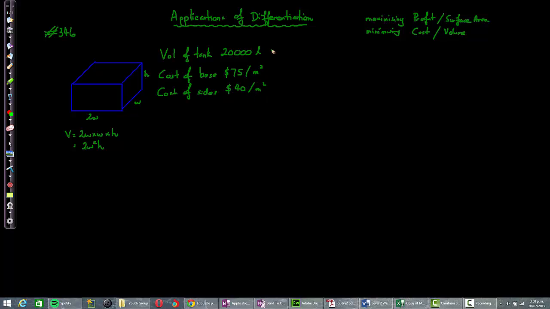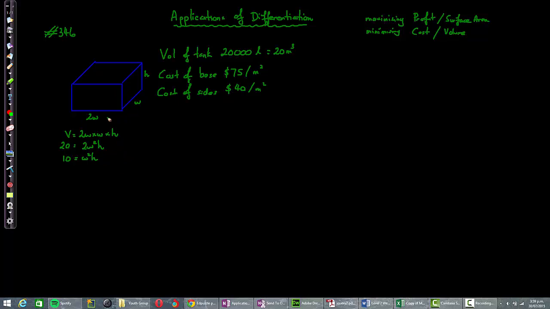So what we are also told, and if we weren't, we would have to do this conversion, is that 20,000 litres is equal to 20 meters cubed. So I'm going to work using the unit of meters, area of course in meters squared and volume in meters cubed, but they're compatible units. So I'm going to put 20 here, and you might notice that that simplifies to 10 equals W squared H.